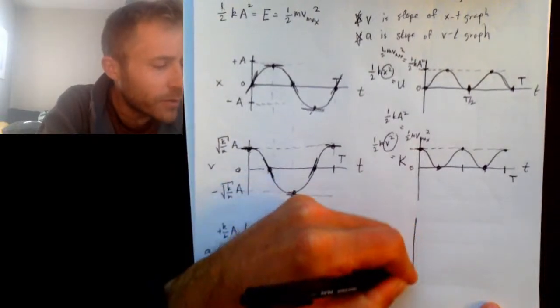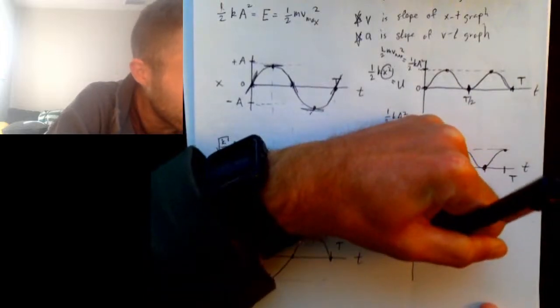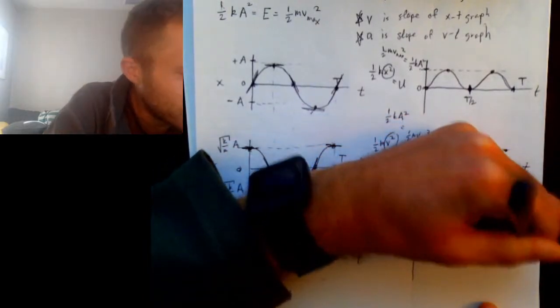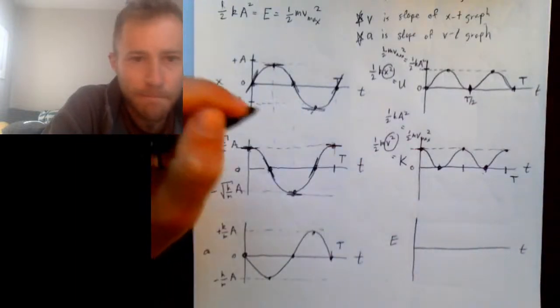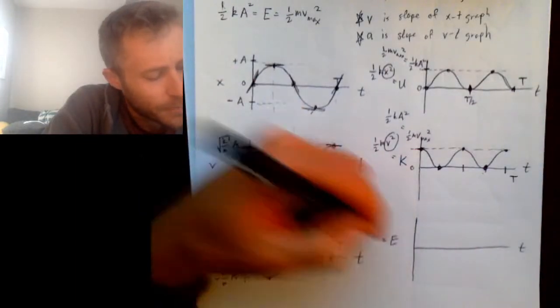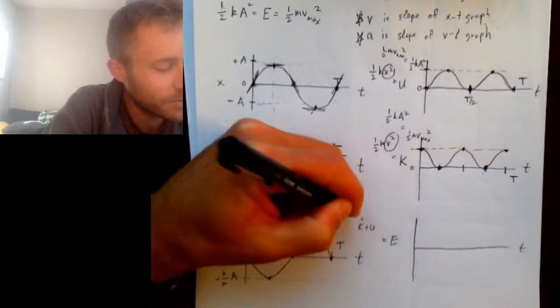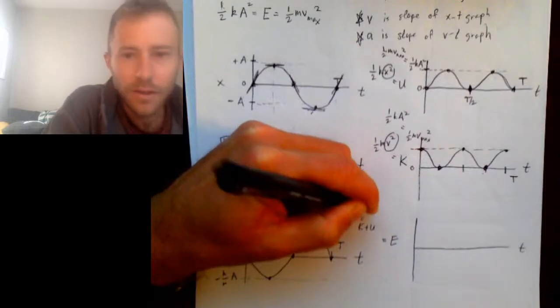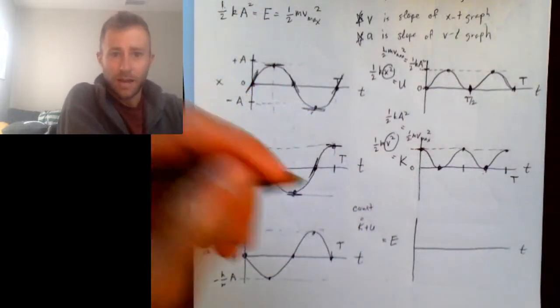So now the last graph we're going to learn how to draw today is the total energy versus time. And that's the easiest one of them all, okay? Because the total energy is kinetic plus potential, and it's a constant. So constant graphs are flat, right?